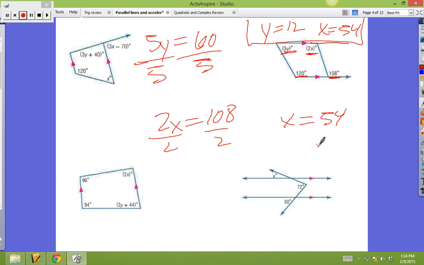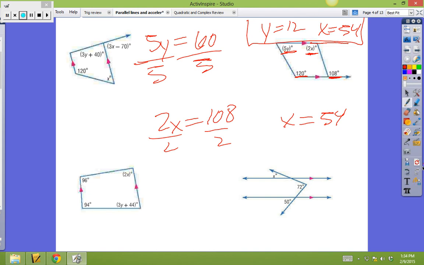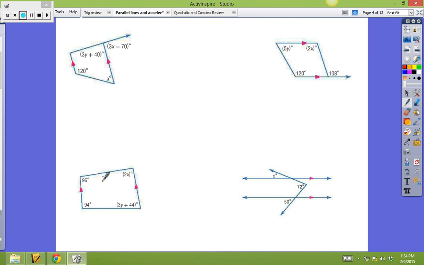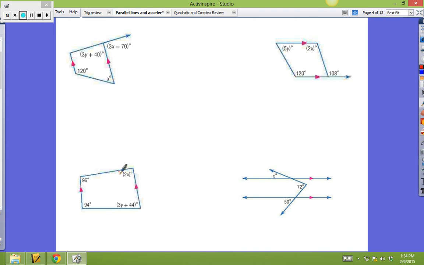Okay, so not too bad. Let's look at this one on the bottom left. Okay, down here, I think we're gonna just use the same relationship. Let's pair 96 with 2x. If these lines are parallel, 96 and 2x, those are gonna be consecutive interior.